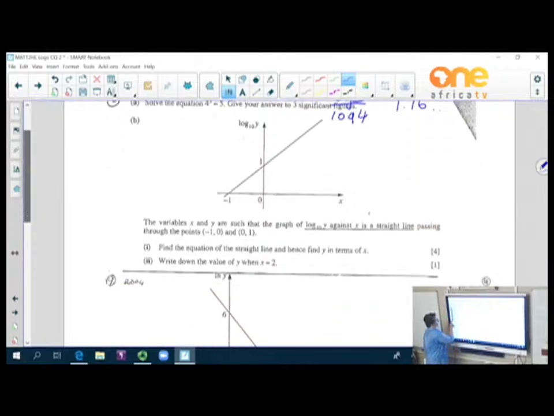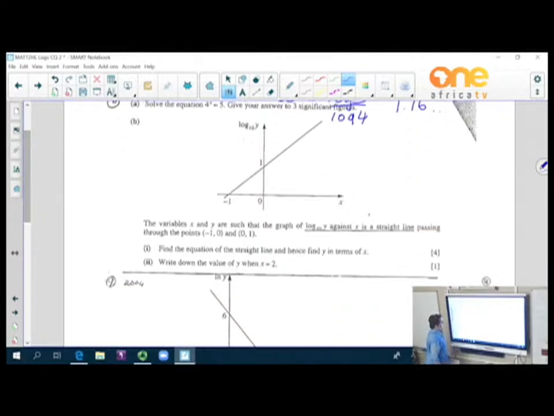Right, now we're looking at number B. The variables x and y are such that the graph of log y against x is a straight line passing through the points. Find the equation of the straight line and hence find y in terms of x. Now, this time they gave you the graph and you have to go back to the equation.